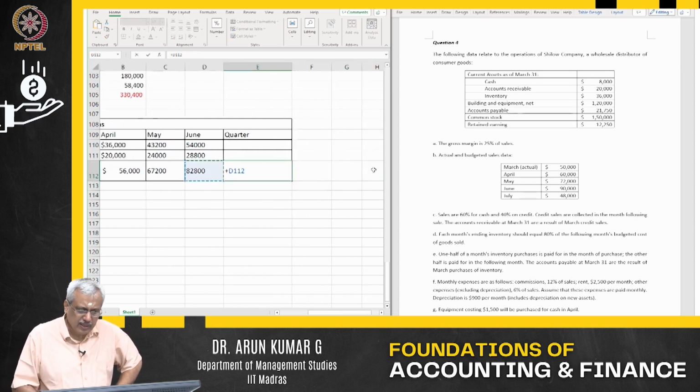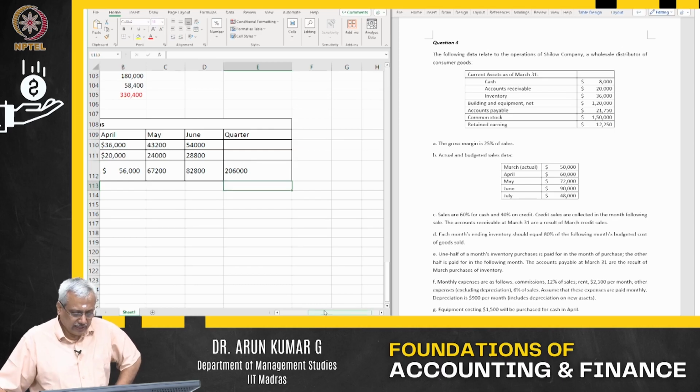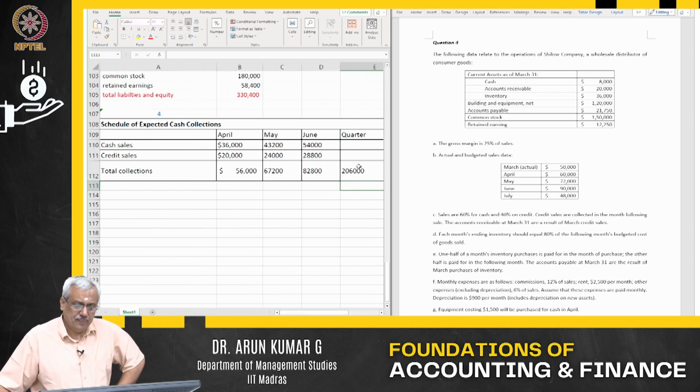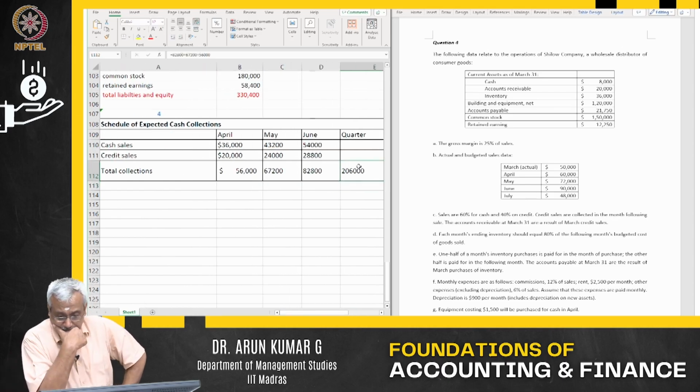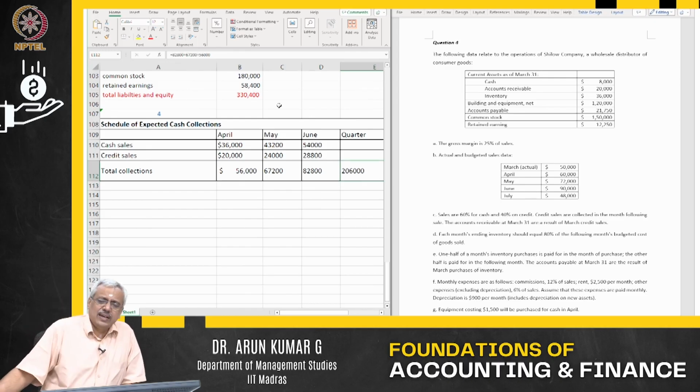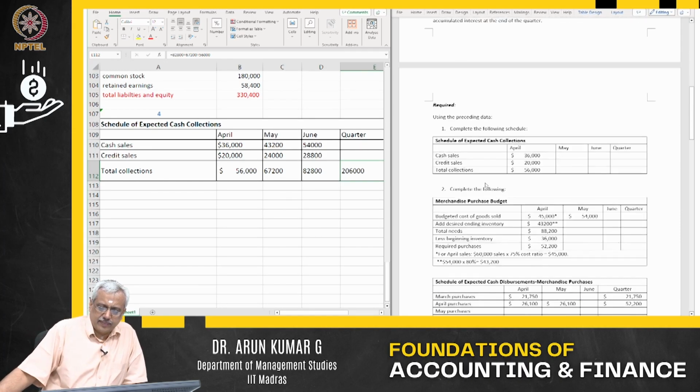My collection at the end of the quarter is 82,800 plus 67,200 plus 56,000. This is the total collection I have as of the quarter. Very simple and straight.